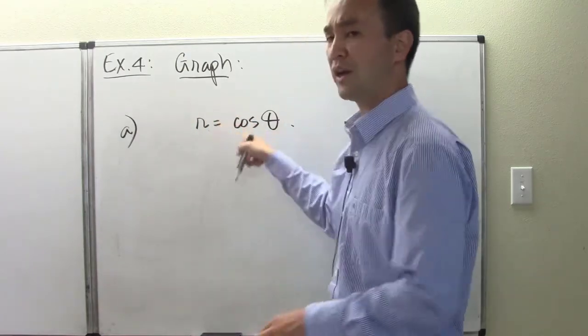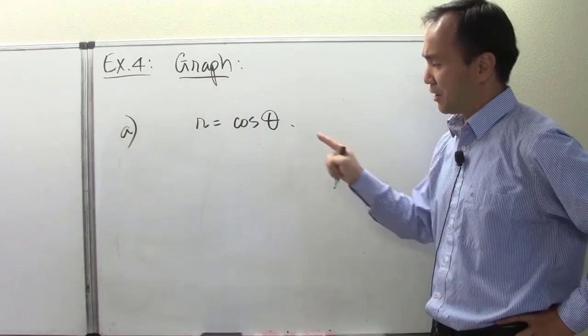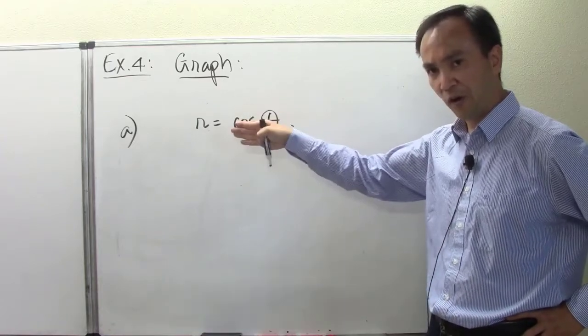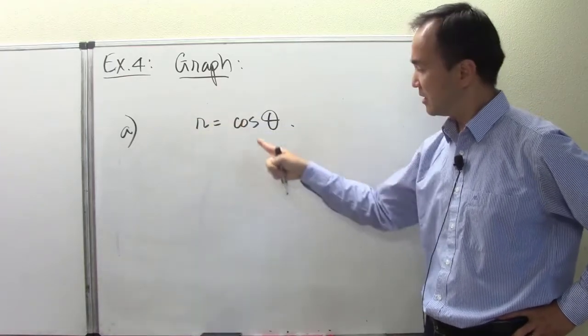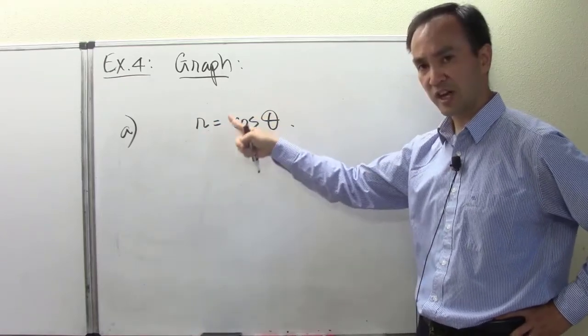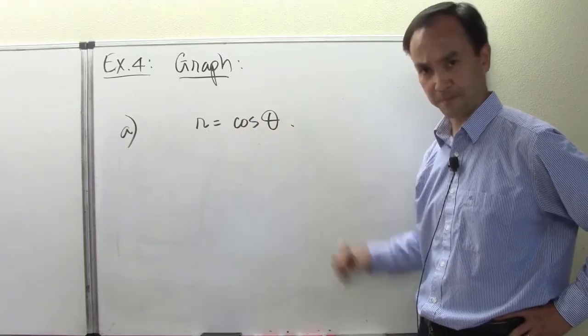This was one among those quick little examples I brought up earlier. This polar equation is already expressed as r being a function of theta. So r is the function cosine of theta.